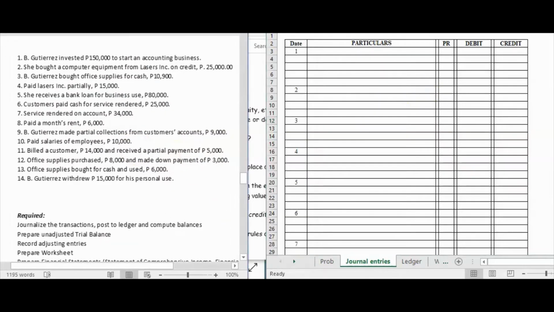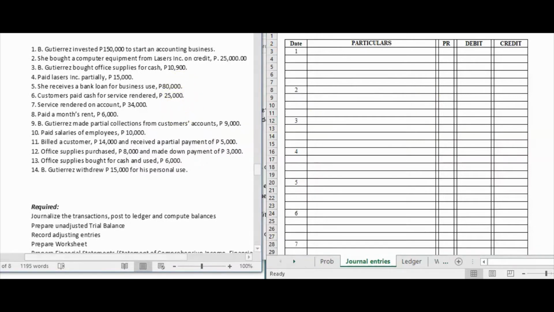Let's try the first one here. So we have here, B. Gutierrez invested 150,000 to start an accounting business. Again, ang point of view natin dito is the accounting business. We are not in the point of view of the owner. We are in the point of view of the accounting business.